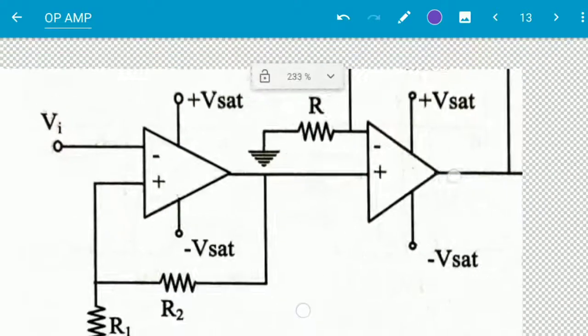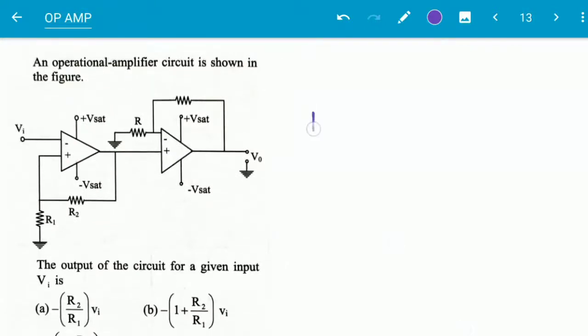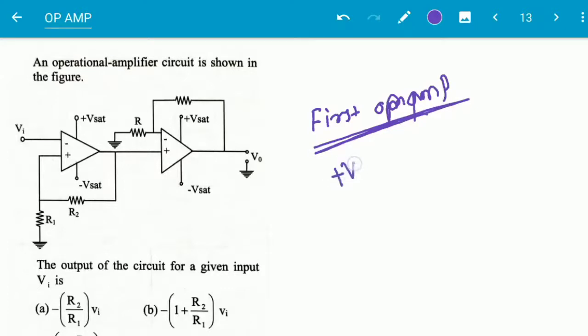So here the first op amp is positive feedback.